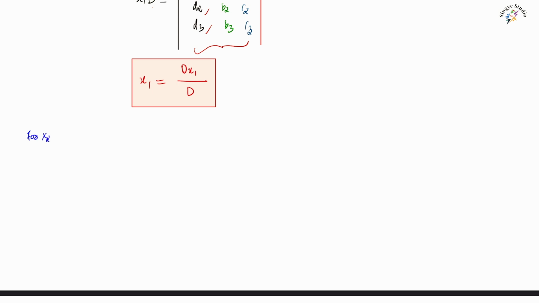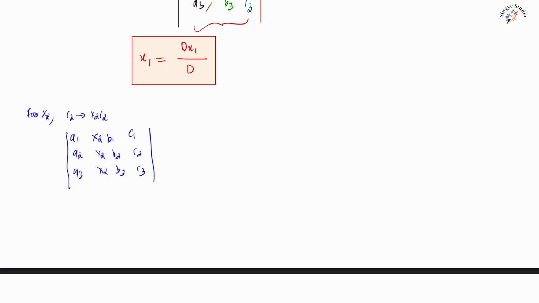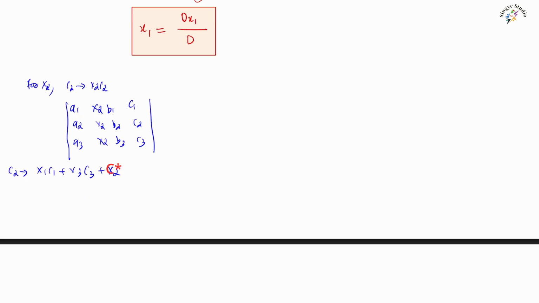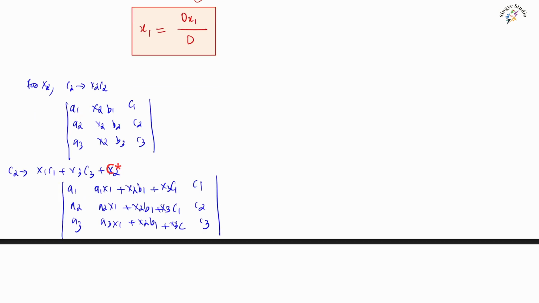For x2, I will multiply column c2 by x2, such that I will get x2 times c2, then I will operate c2 by adding x1 c1 plus x3 c3 to x2 c2, then I will get a1, a2, a3. So this value is just d1, d2, d3.